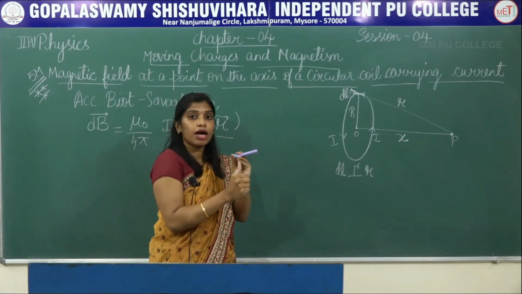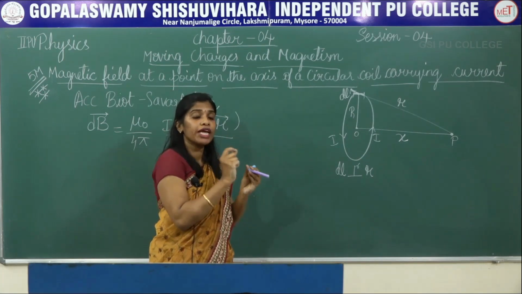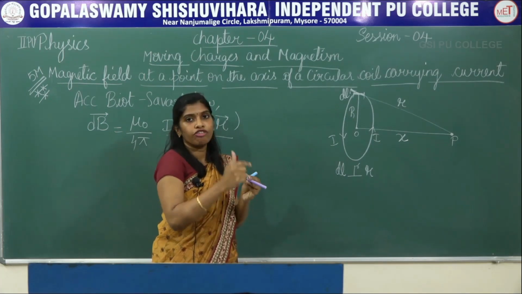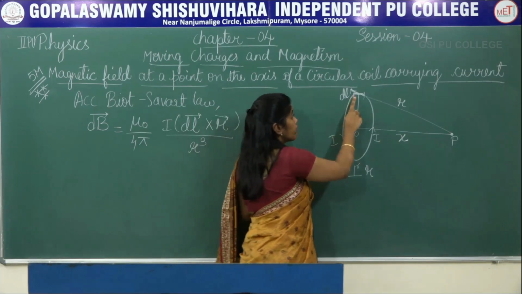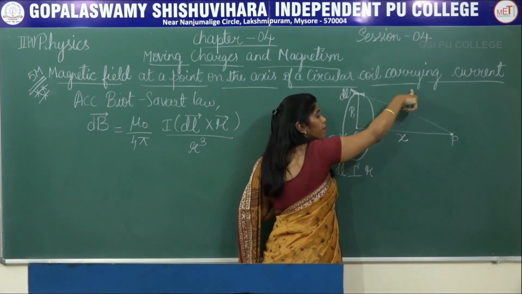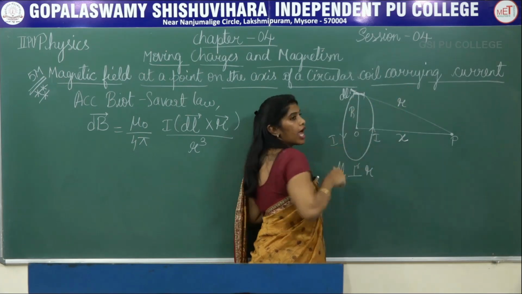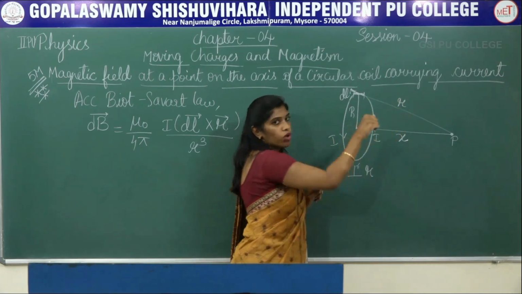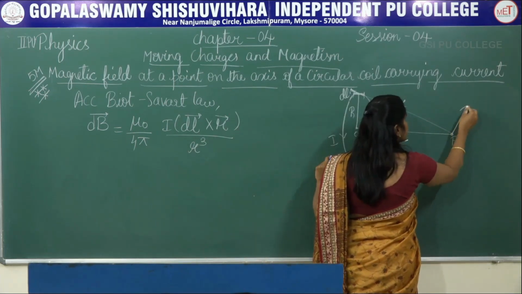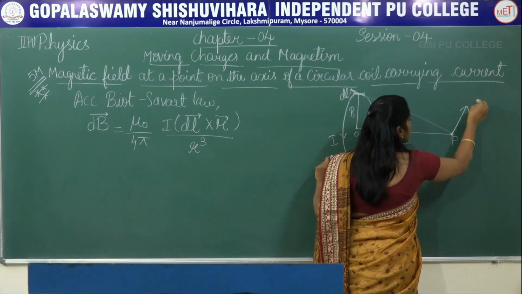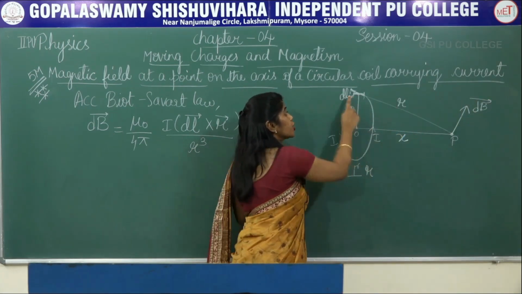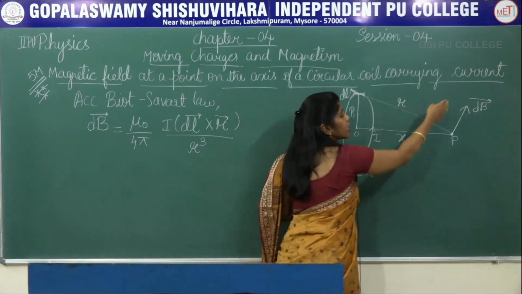That is, the thumb should indicate the direction which is perpendicular to both these two vectors. So coming to this, dl cross r will be perpendicular to dl and r, and it will be inwards. So dB will be written in this direction, which is perpendicular to dl and r, and it is inwards.